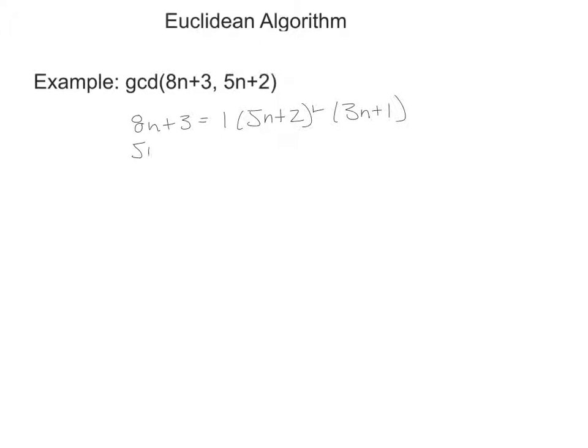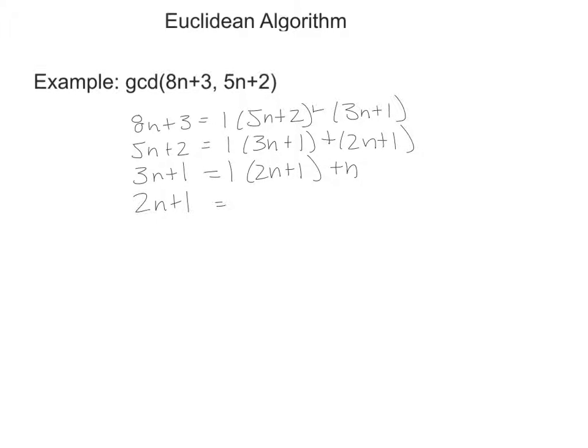Then I'll get 5n plus 2 is equal to 1 times 3n plus 1 plus 2n plus 1. I'll have 3n plus 1 is equal to 1 times 2n plus 1 plus n. And then 2n plus 1 is equal to 2 times n plus 1.